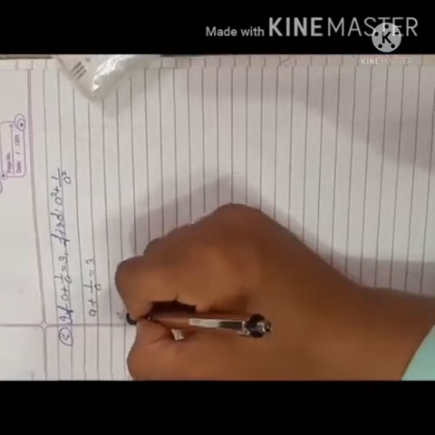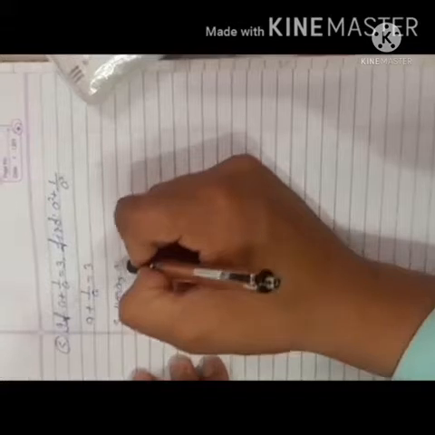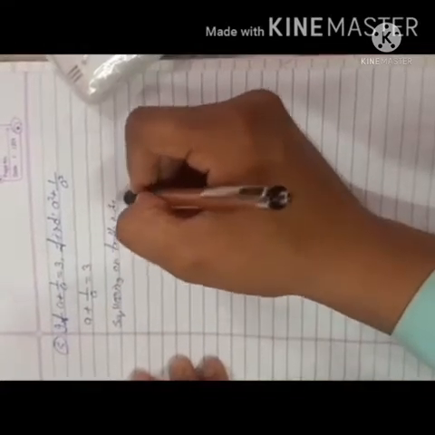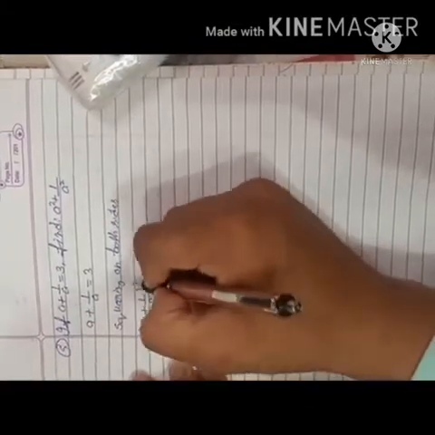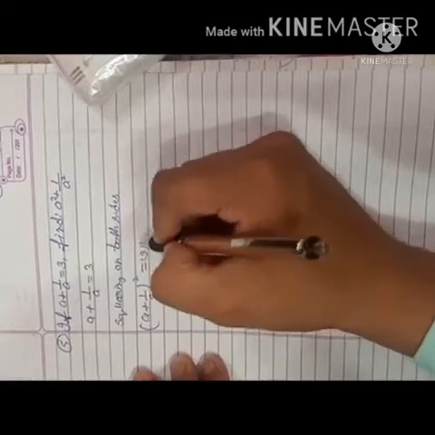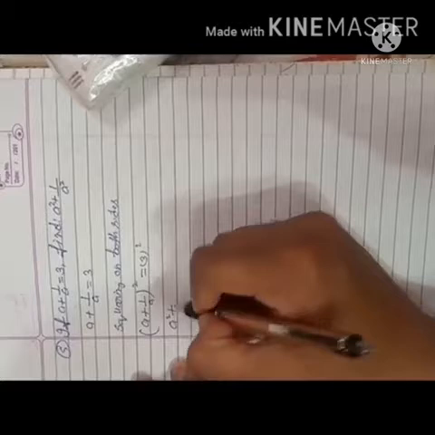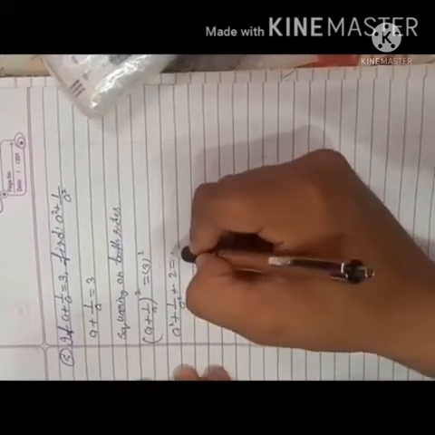So we will do that. Squaring on both sides. So a plus 1 upon a whole square is equal to 3 square. So a plus 1 upon a whole square means a square plus 1 upon a square plus 2 is equal to square of 3, 9.